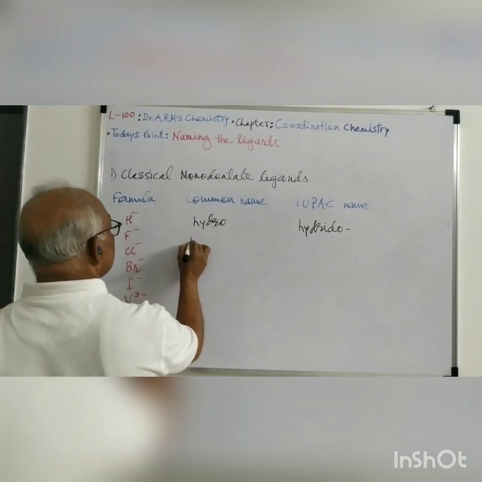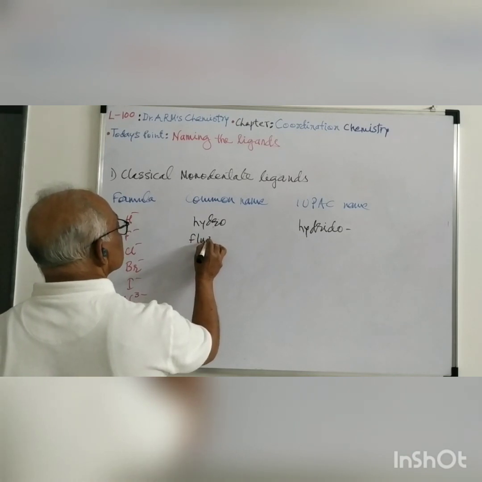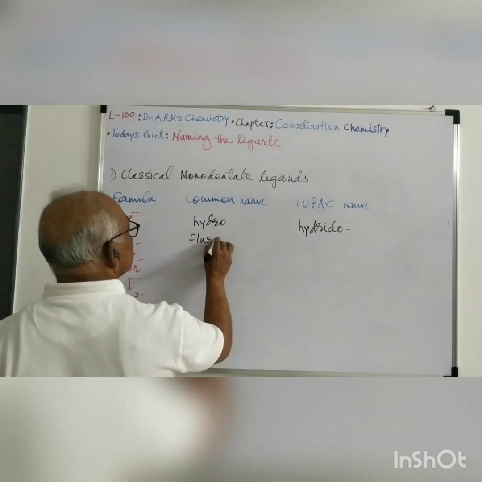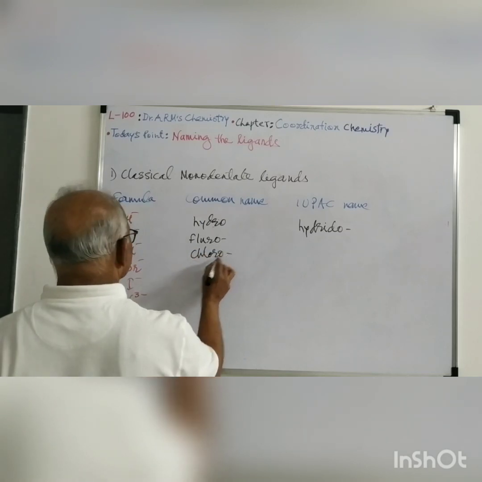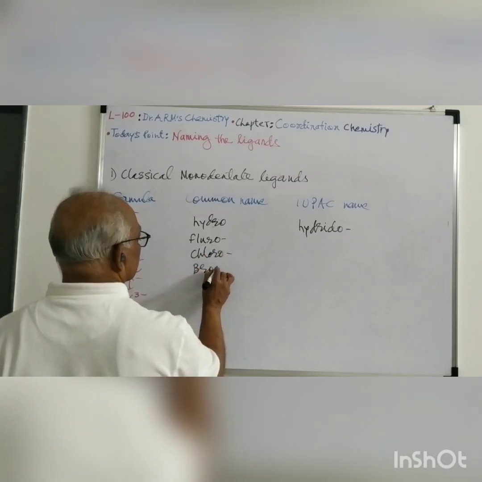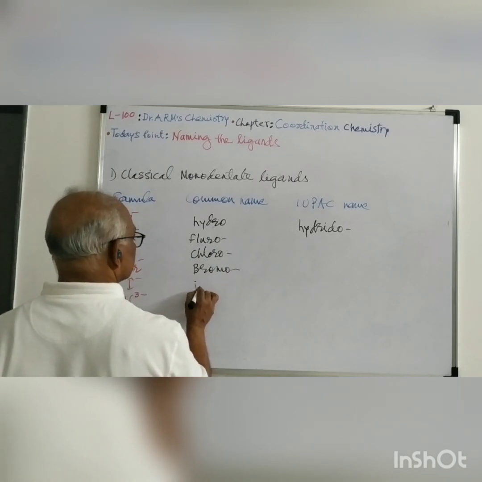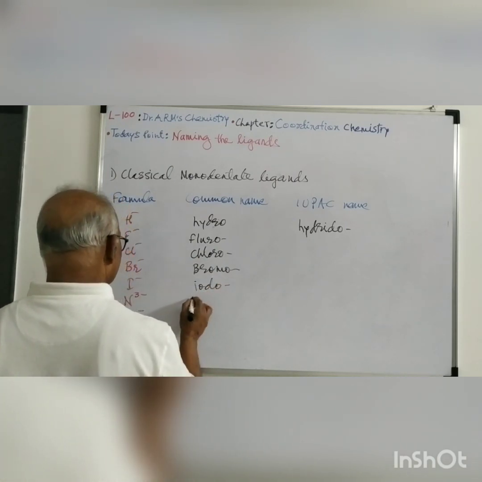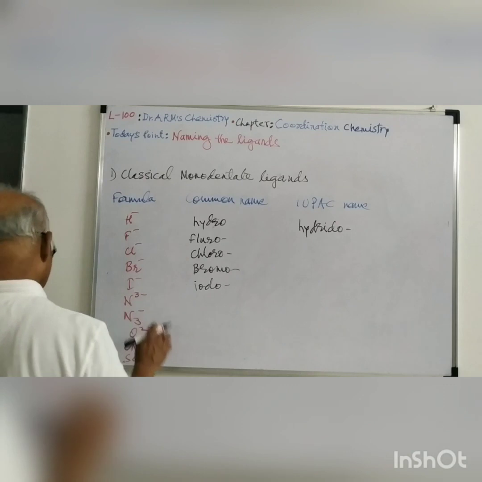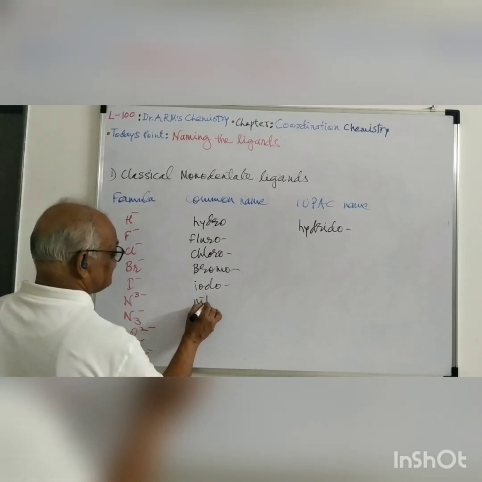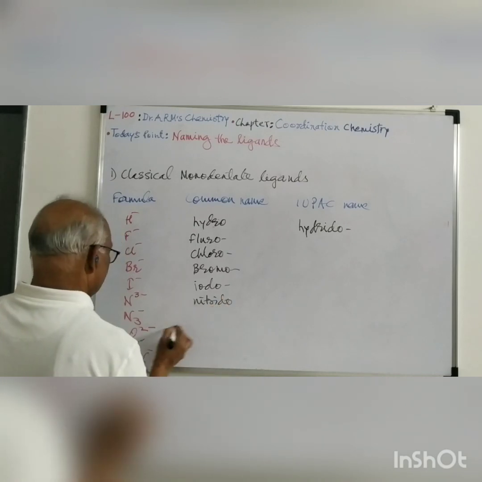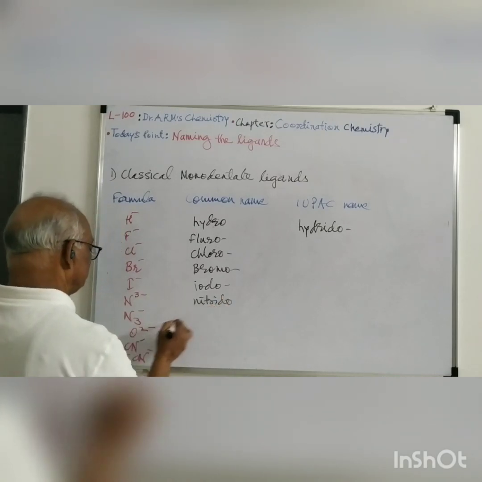Normally it is called fluoro, chloro, bromo, iodo. Now this is called nitrido. Then it is called azido.